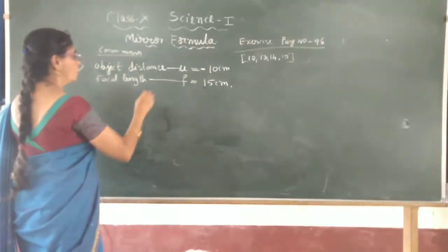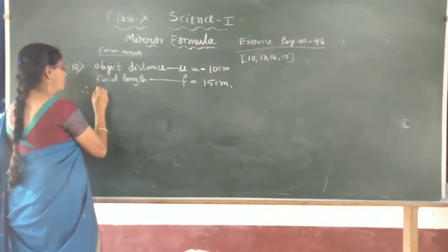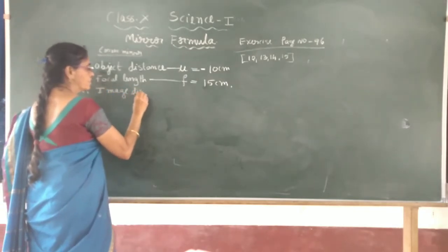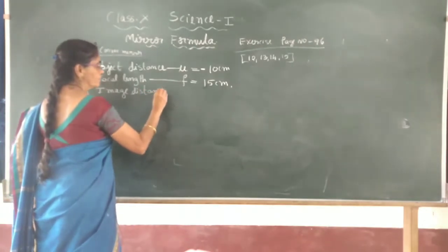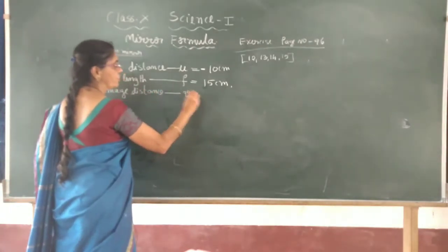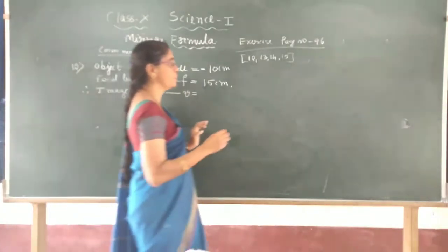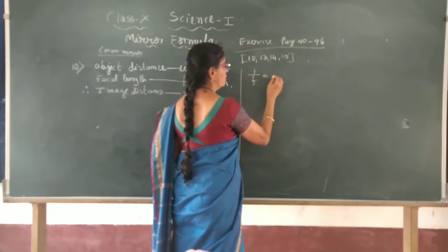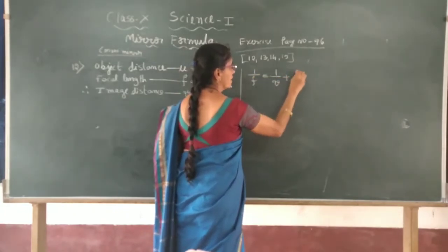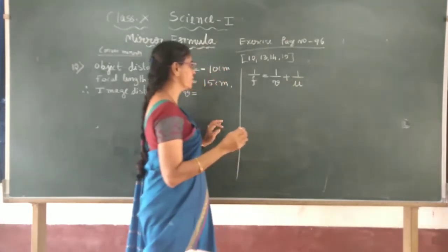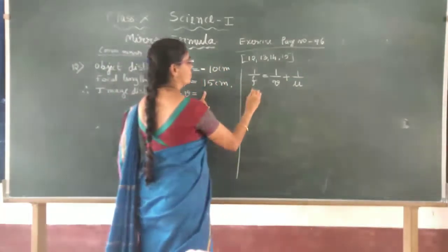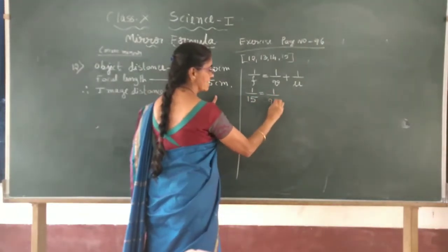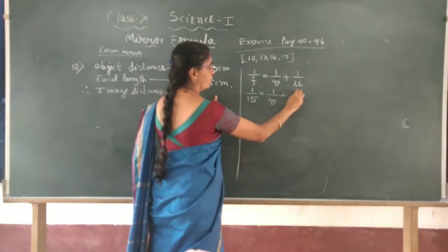I know f, so what can I find out? Therefore, the image distance. The symbol is v. v is equal to how much? So we have to use the mirror formula: 1 by f is equal to 1 by v plus 1 by u. Now substitute the values. f value I know, so 1 by 15 is equal to 1 by v, write as it is, plus 1 by u.